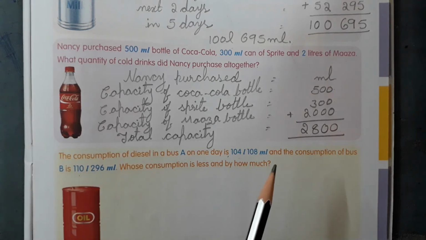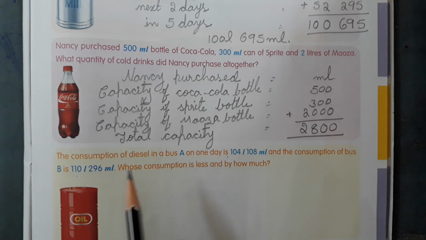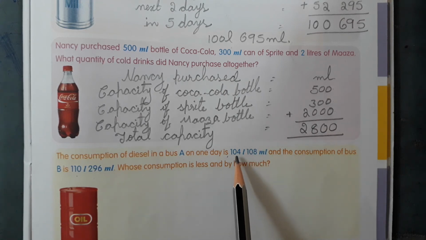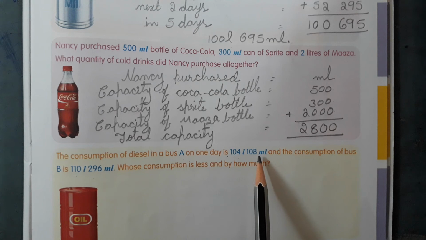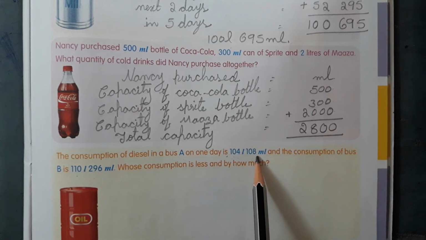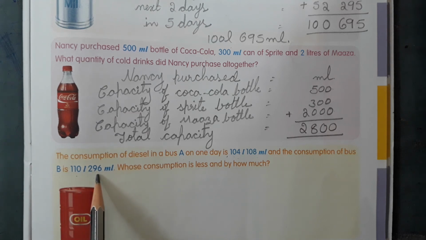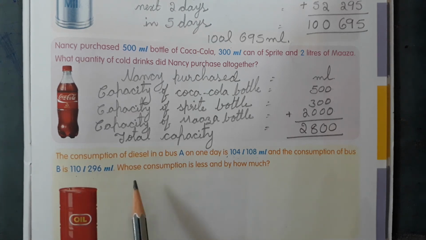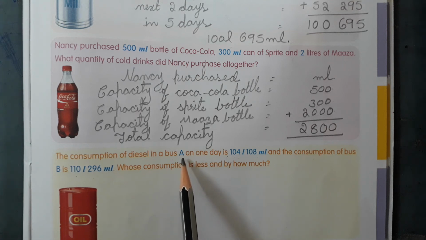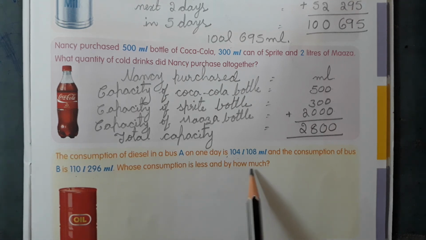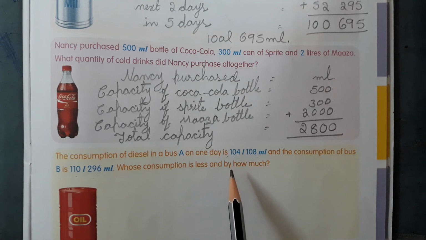So here there are two buses, bus A and bus B. Now they are asking whose oil consumption is less. Which one? Bus A. And how much they are asking. So here you have to find out how much less than bus B it is.